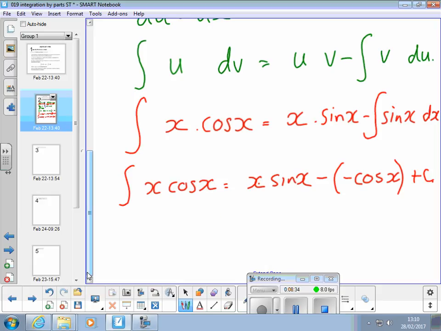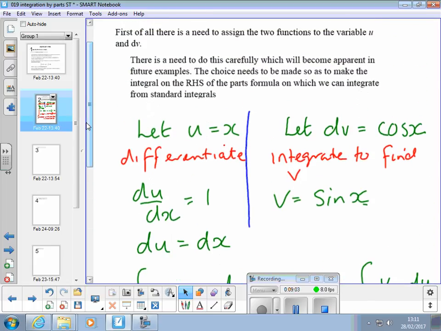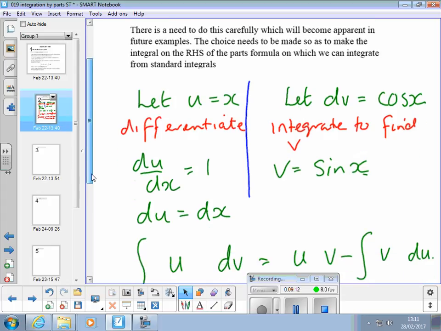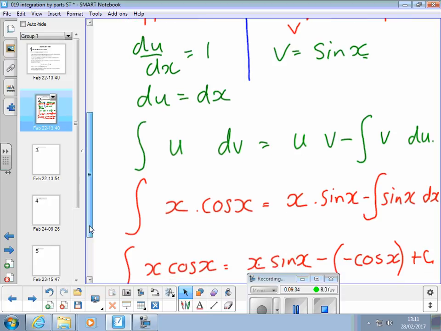Okay, simplify to get the result. There's a procedure to use that formula: choose u, find du, choose dv, find v, and then put all of that together and simplify.